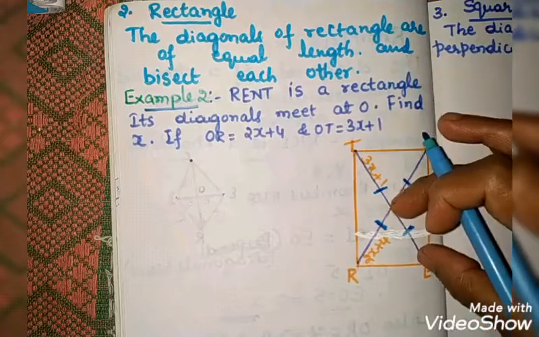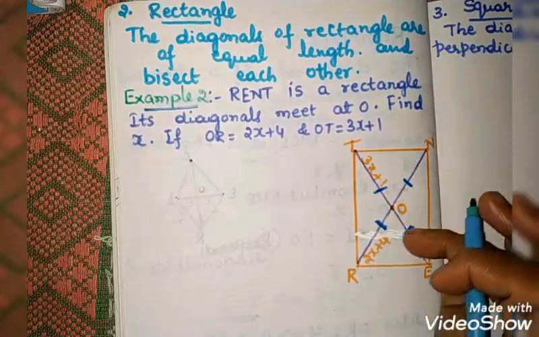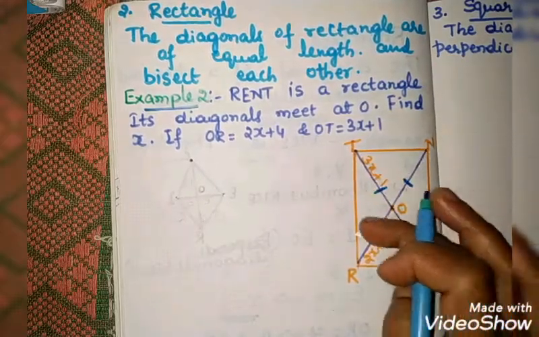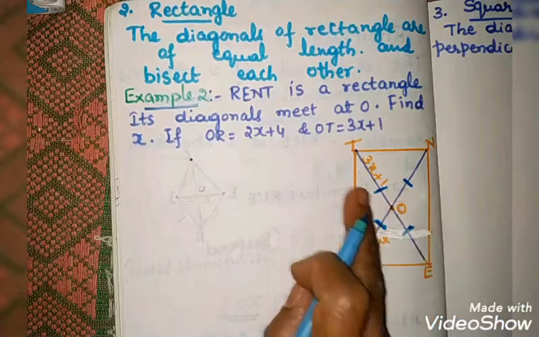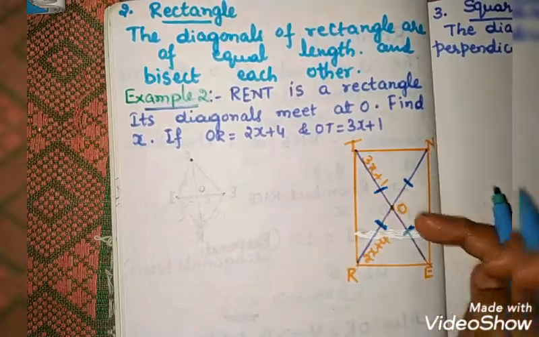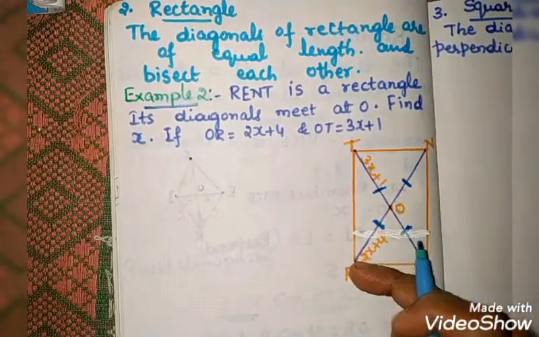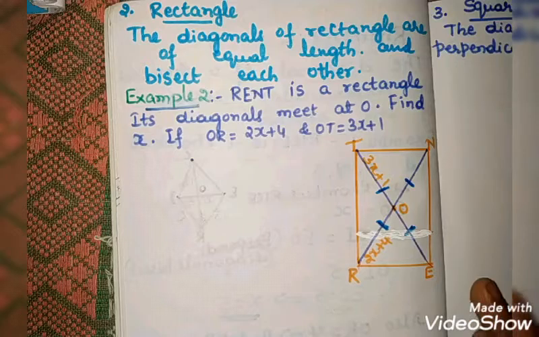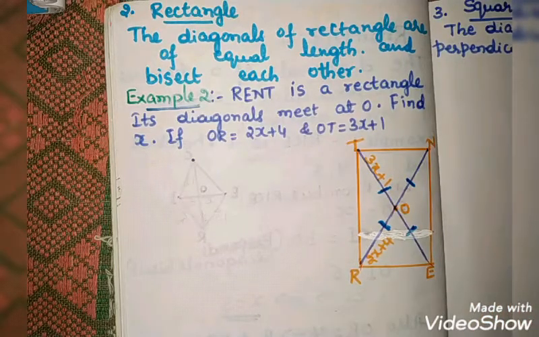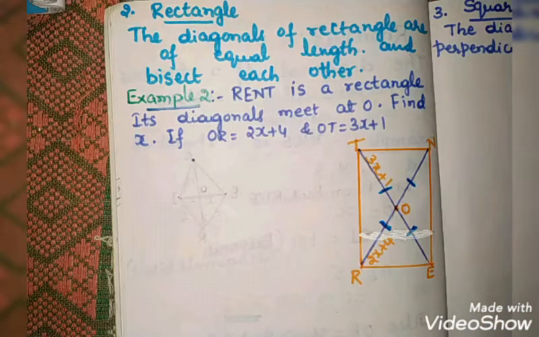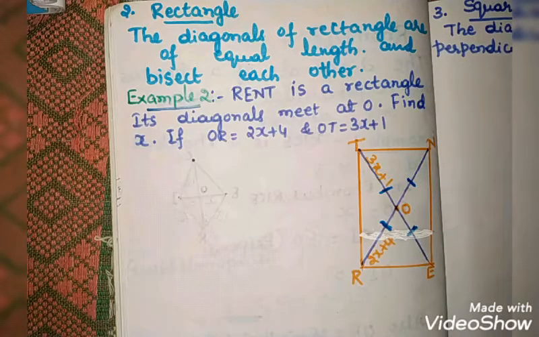So, their halves are equal, which means all these four parts are equal. So, here OT is equal to ON is equal to OE is equal to OR in the case of a rectangle. All the four parts are equal in the case of a rectangle because the diagonals are equal and they bisect each other.